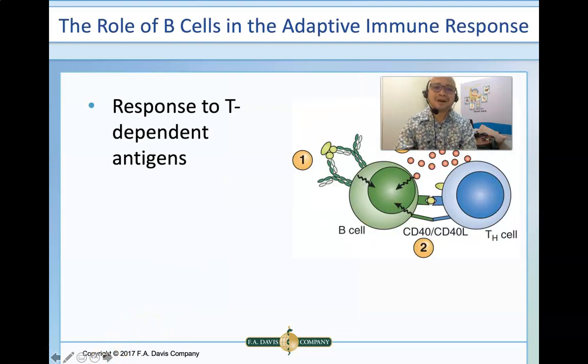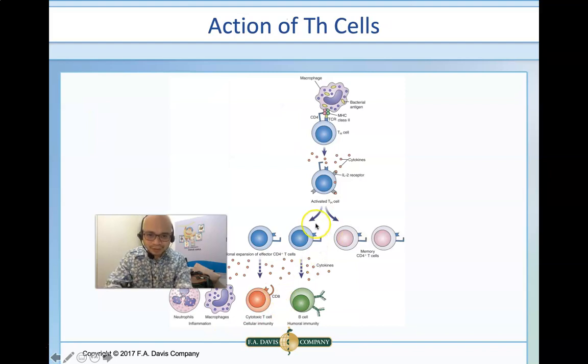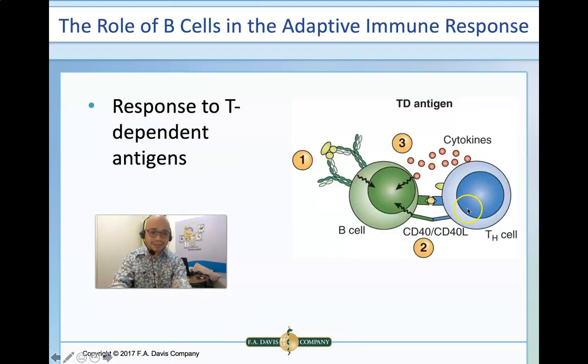Okay, how about the role of B cells? There are also what you call T-dependent antigens. The illustration that you have here is actually the enlarged version of this one. So activated T helper cell will allow B cell to mature. To discuss this in detail, the B cells are supposed to have the CD40, and this will allow them to interact.